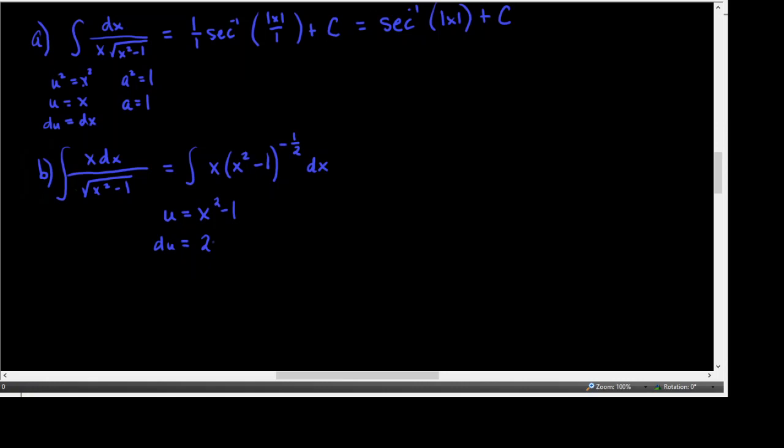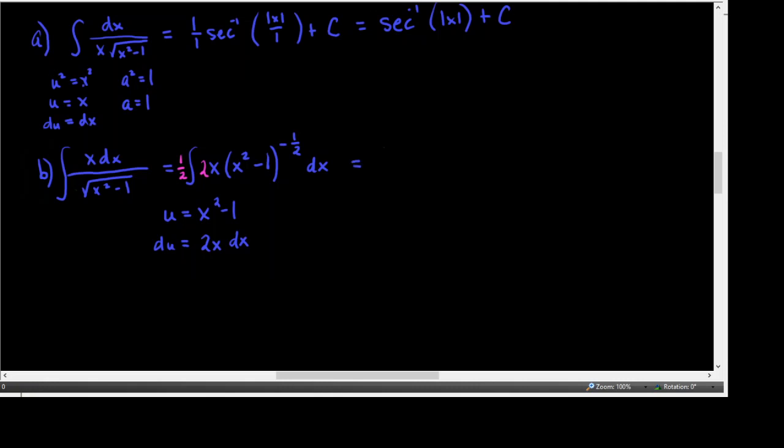du is 2x, multiplied by the dx. So our du needs to have a 2. I'm going to introduce that 2 so that inside the integral I have exactly what I need: u to the negative 1/2 du. But I also have to introduce a 1/2 out front so as not to change the original problem's value.